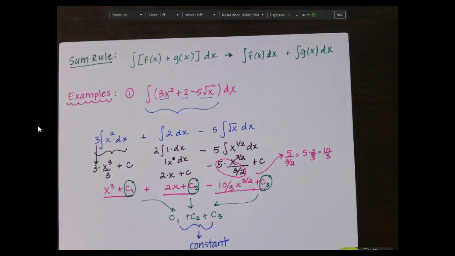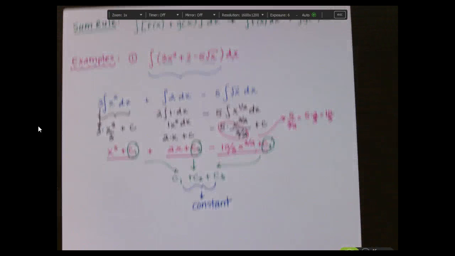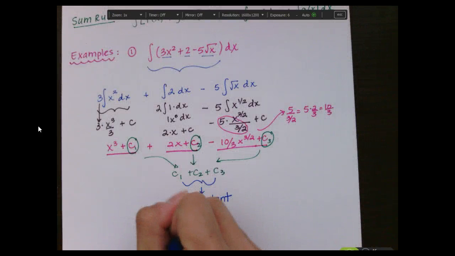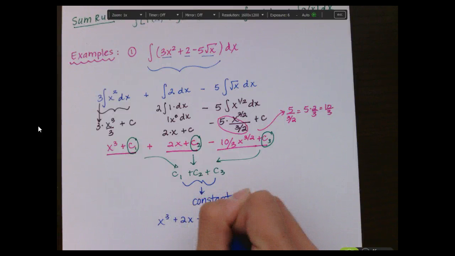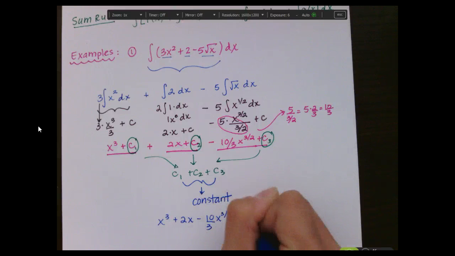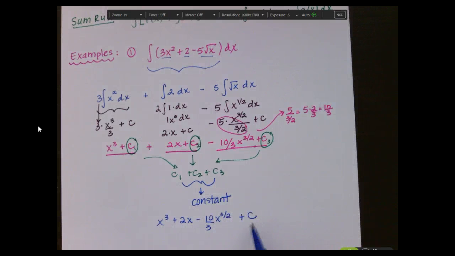So I can write the final answer with one constant added to the end of it all without writing 3 individual constants. So there's a good idea of how to use the power rule, the constant multiple rule, and the sum rule for integrals.